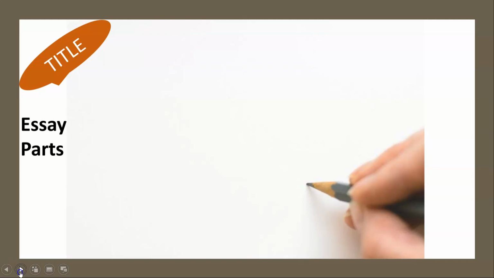Sometimes your title doesn't necessarily need to show what the essay is going to be about. It can be metaphorical, but each essay needs a title. A lot of times you will be given a title by your teacher, and some other times you may need to come up with your own title. So this is the first thing: you need to have your title.